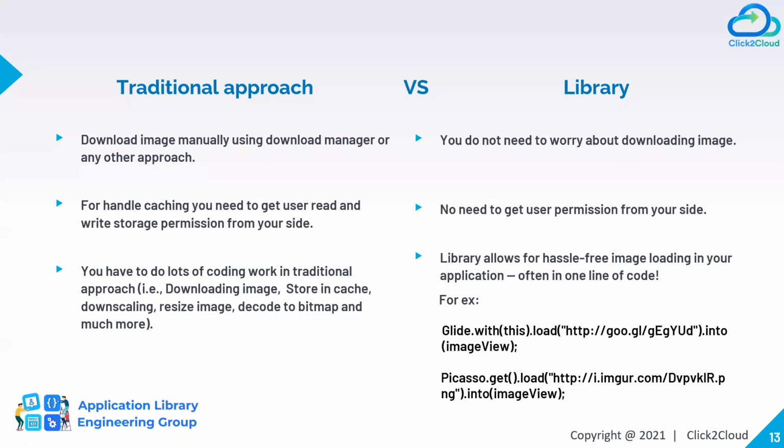So you have to worry about testing also. But if you talk about the library, you do not need to worry about downloading the image, nor worry about the user permission. And using one line of code, you can load the image easily. And if we talk about testing, in a library the code is already well tested. So these are some advantages of a library.